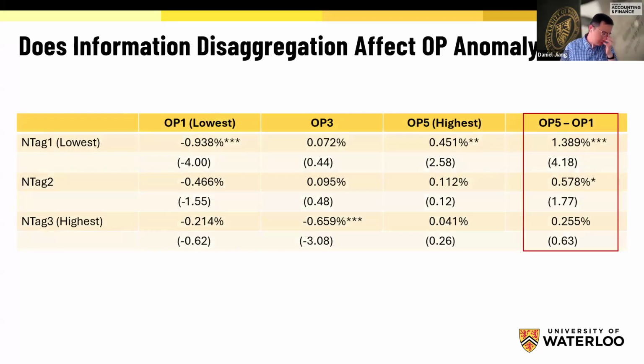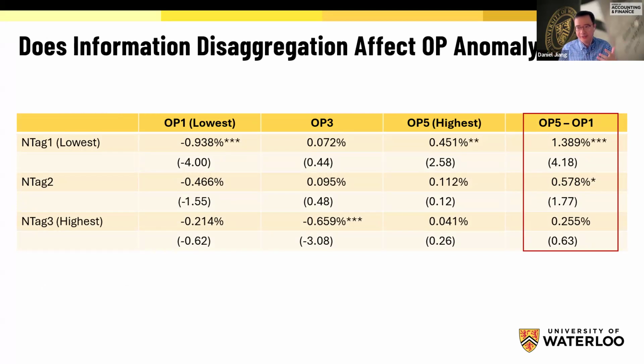Okay, so this is one of the tables I want to show Jeremiah before. We use this table to show whether the information disaggregation affects the magnitude of the OP anomaly. To examine that, we perform both portfolio analysis and Fama-MacBeth cross-sectional regressions.